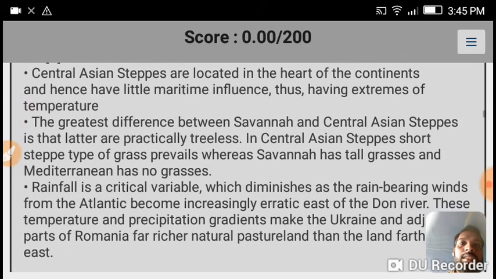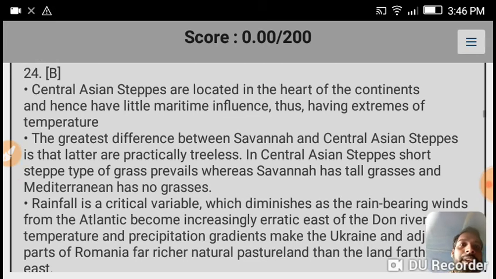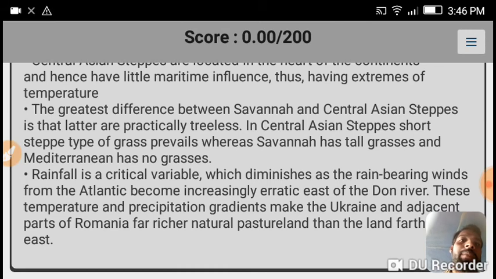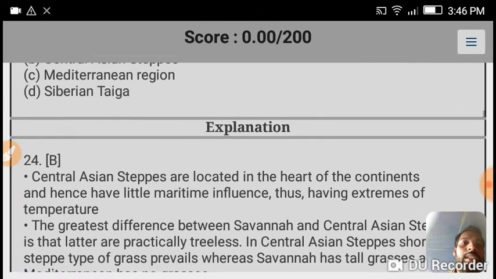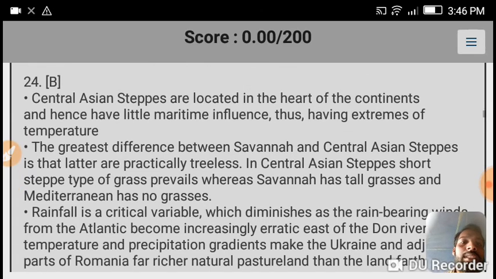Central Asian steppes are located deep in the interior of the continent, hence have little maritime influence, thus having extremes of temperature. The difference between savanna and Central Asian steppes is that the latter are practically treeless. In Central Asian steppes, short grasses prevail, whereas savanna has tall grasses, and Mediterranean has no grasses.